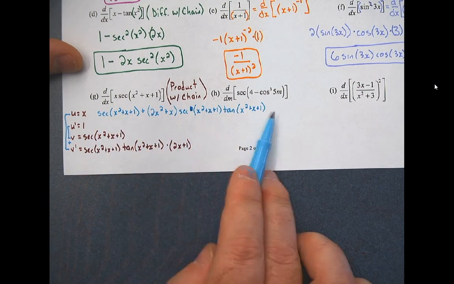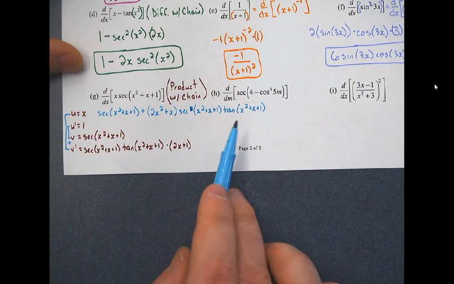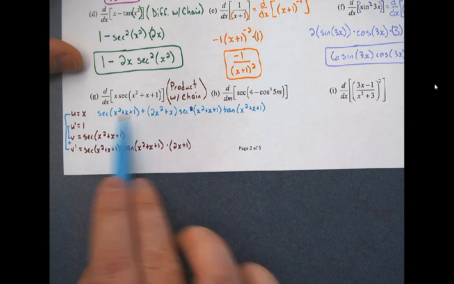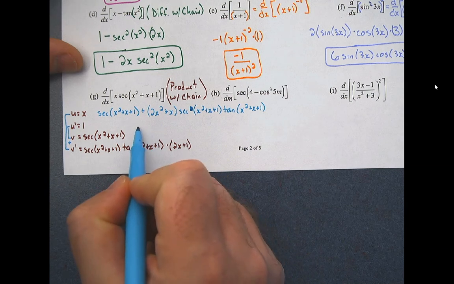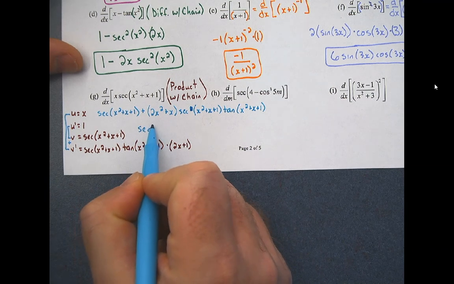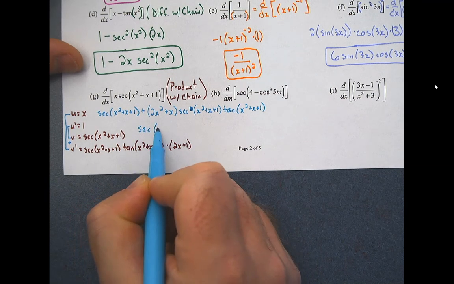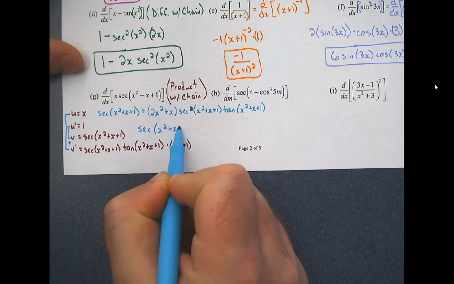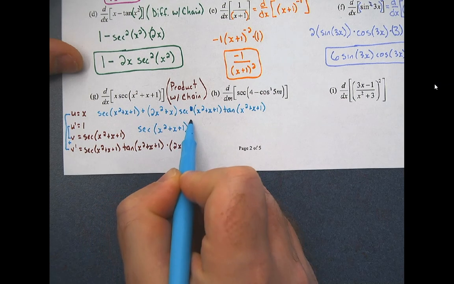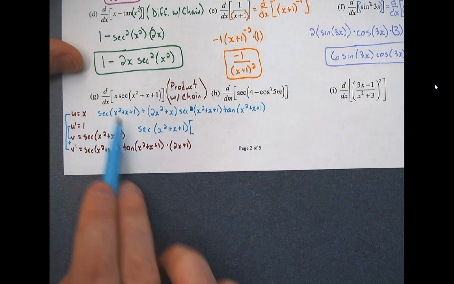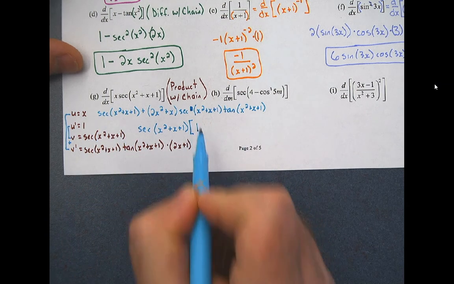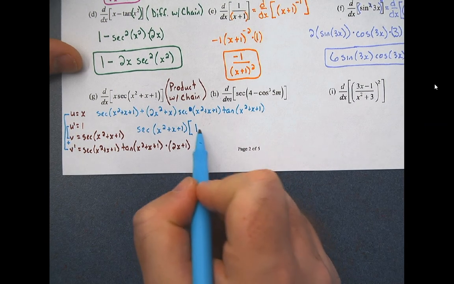You wouldn't have to clean this up a whole heck of a lot more, but maybe you notice that both of these have a secant of x squared plus x plus 1. So maybe we could factor that out. If you don't do this move, I wouldn't think it's a big deal. But I'm just showing you how you might see a multiple choice answer. So if I divide this by secant of the same thing, don't forget it's not nothing. It leaves behind a 1.